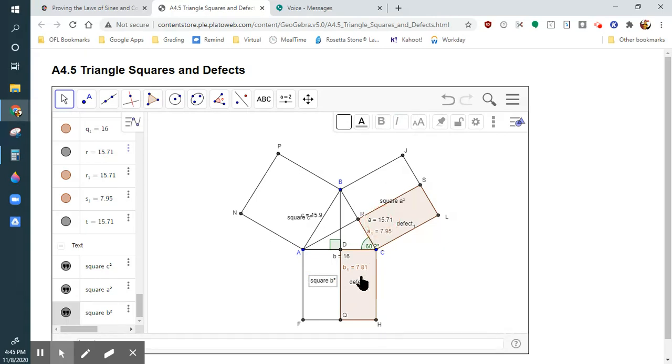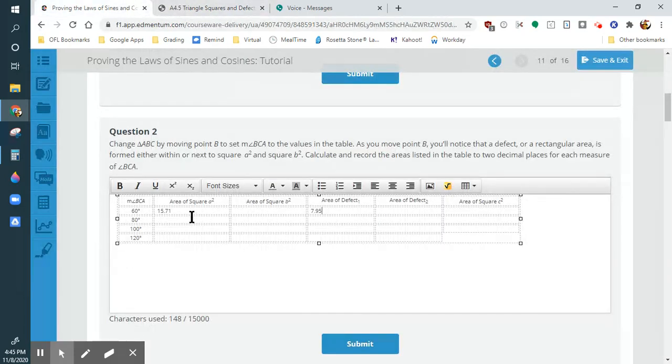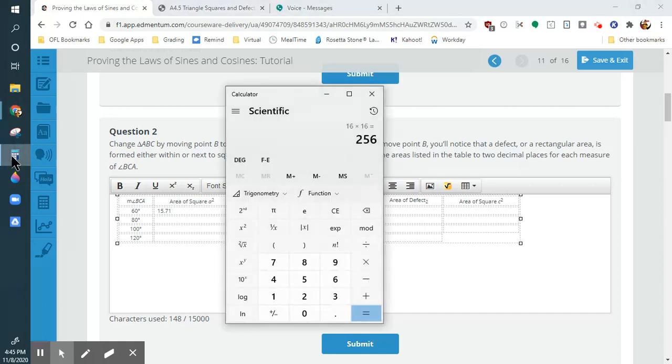A, B. Oh, okay. They want me to calculate this. Okay. So that's really weird. 15.71 squared. So they're going to want you to square this. Okay, so we get this number right here.